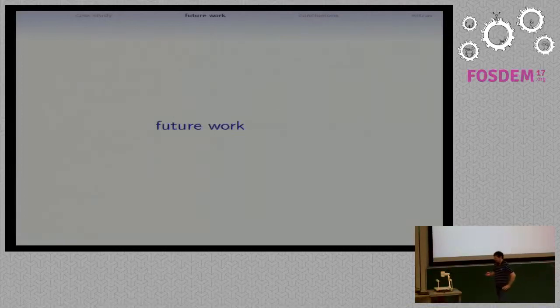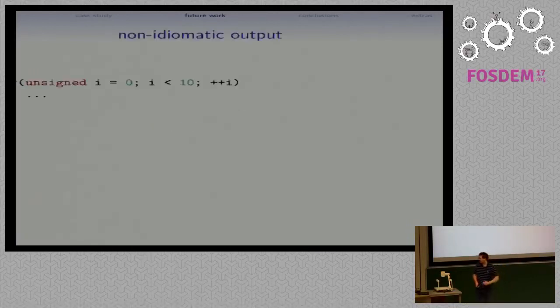So I talked about the stuff that Corrode still needs, but assume all that's done, right? It's just a matter of programming. We'll get there. What should happen on top of that? Well, one big thing is Corrode makes no effort to produce idiomatic Rust.